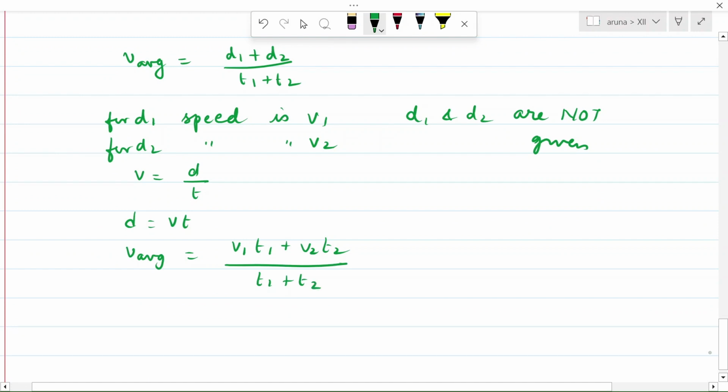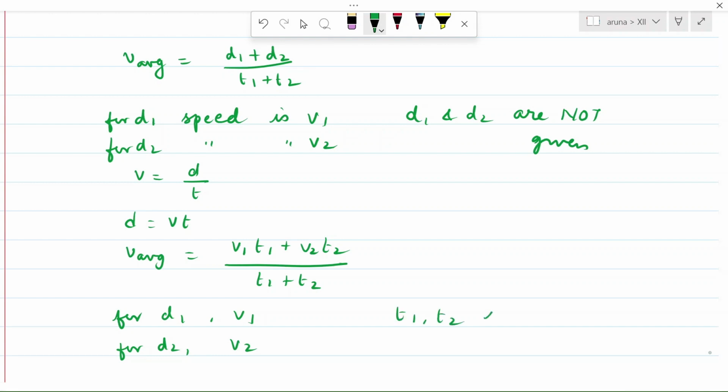As we do questions, it will be more clear, but I'm just giving you an idea. So sometimes it may so happen that you are not provided the time. So for d1, the speed is v1. For d2 distance, the speed is v2. Time t1, t2 is not given. Then what do we do in that case?